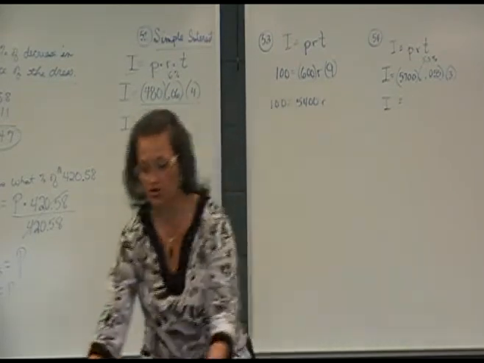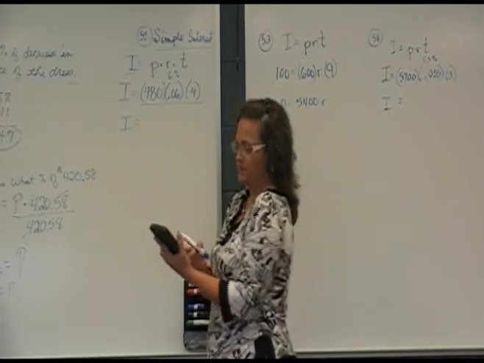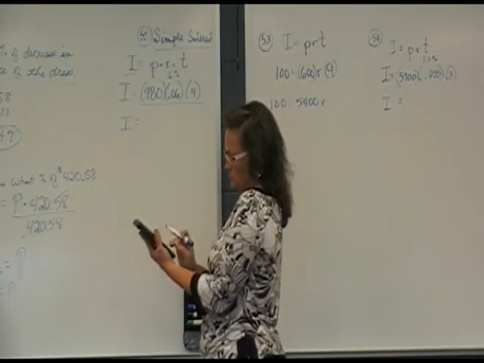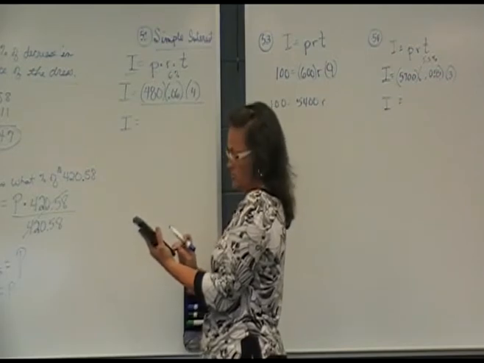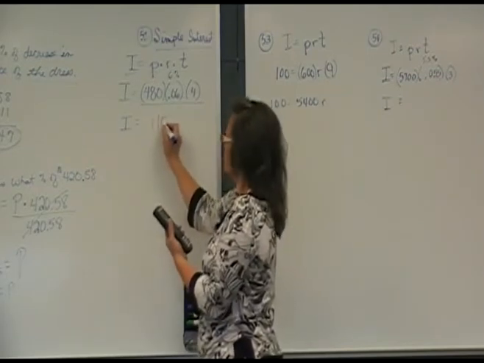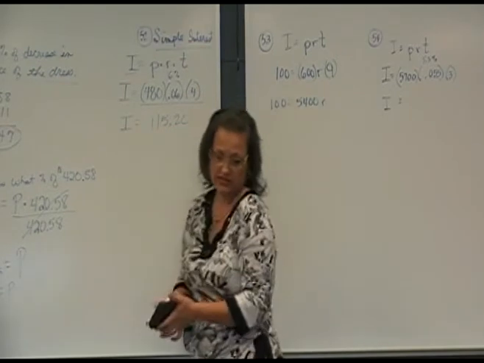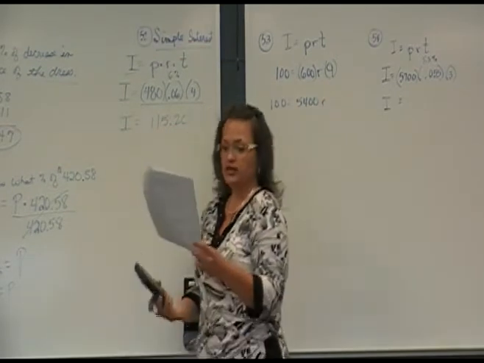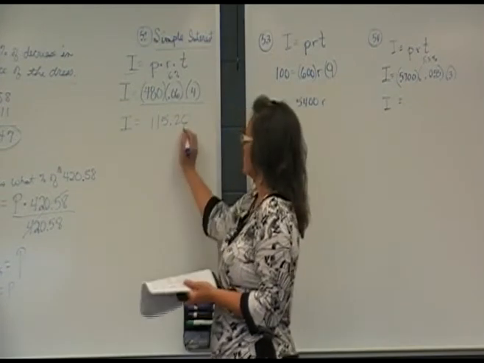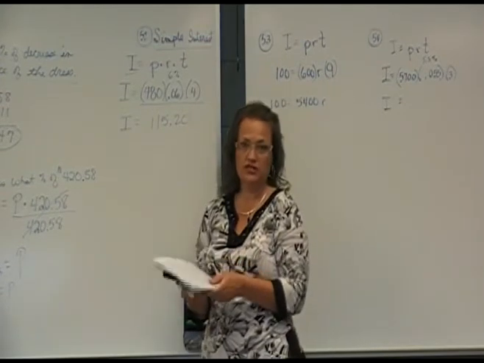So punch that all in your calculator, and you'll know the interest value. 480 times 0.06 times 4 gives me $115.20. We were asked to round to the nearest cent, so that would need to show the 0, 20 cents of that.